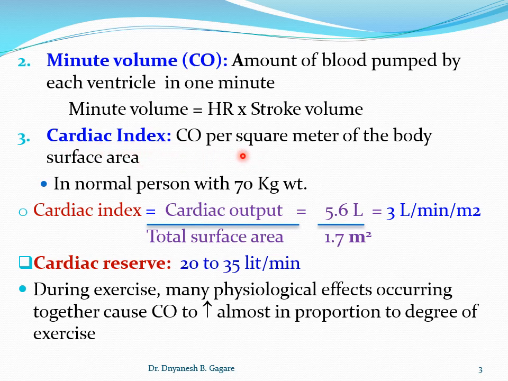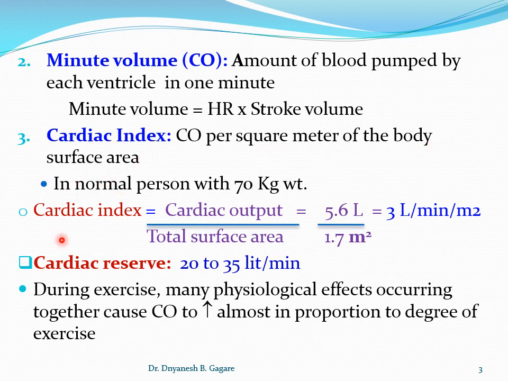It is a very important parameter in the selection of different services. The cardiac output per square meter of body surface area is called the cardiac index, meaning how much blood is pumped for 1 square meter of surface area of the body.